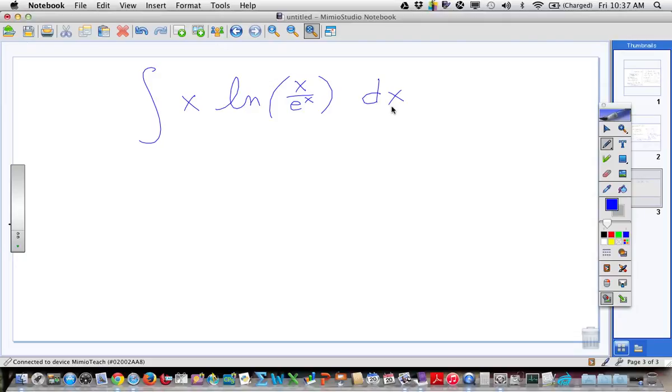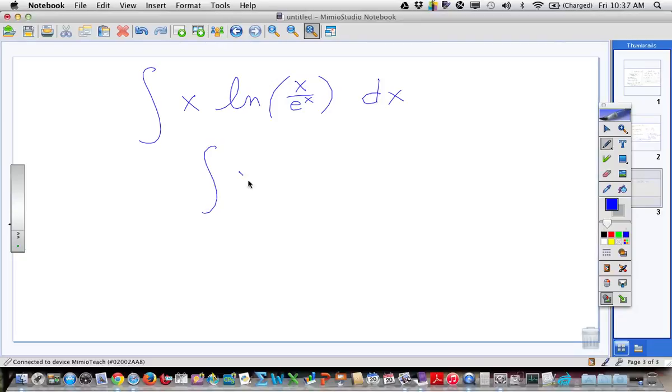No. That's a simplification that's kind of tricky. Anybody see what we can do with that first as far as a simplification? What can you do with a log with a division on the inside? Subtract the individual logs.